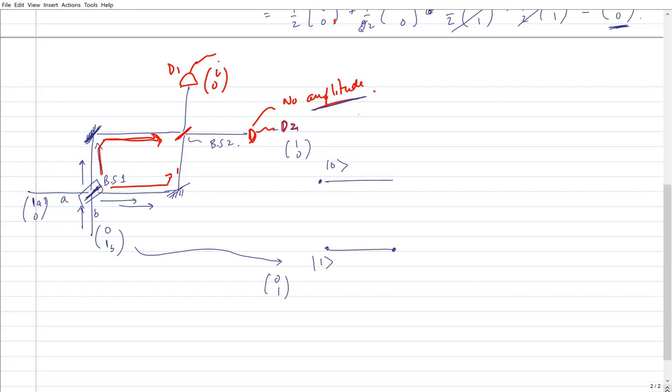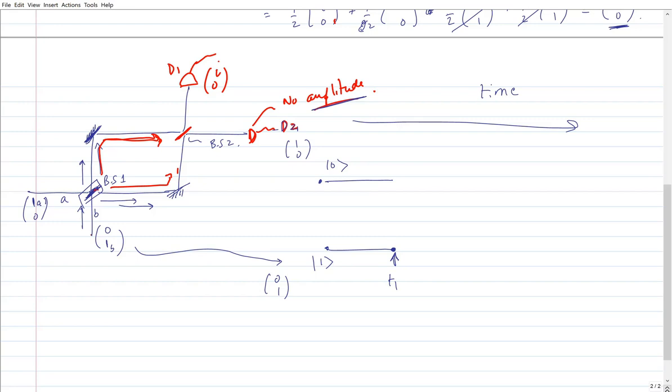Here is the flow of time, you can say. I encounter a unitary operator at some time instant. This is my beam splitter time, let me call it T1 out here.